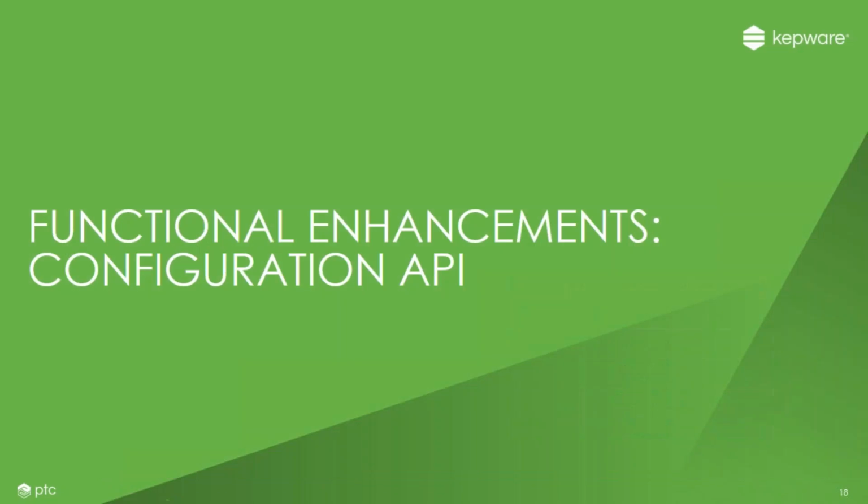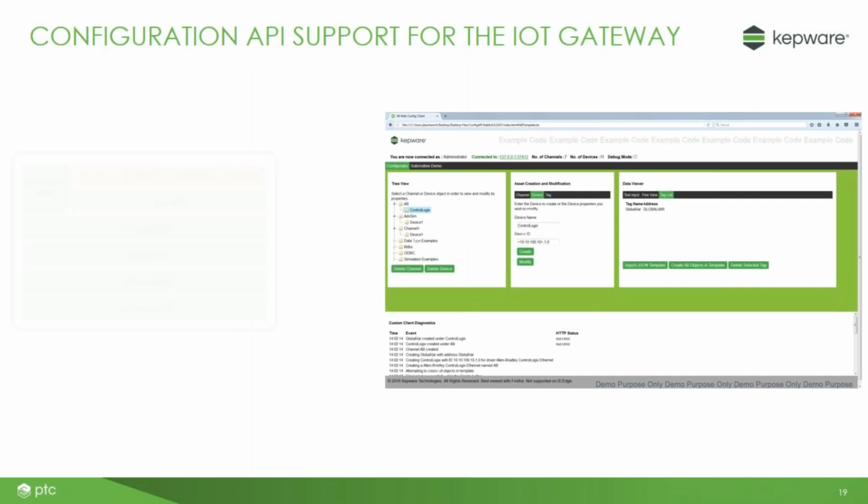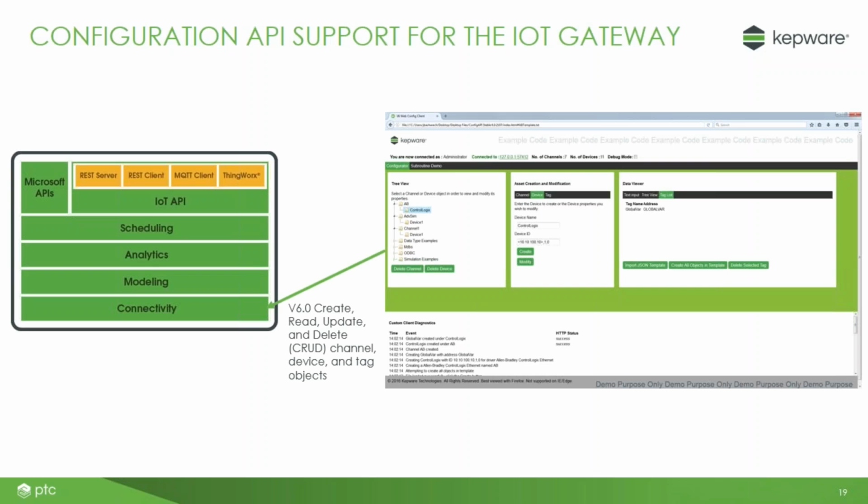So moving on to the Config API, which is a new feature that was introduced in KEPServerEX v6. In v6, we introduced this API, which is meant to do CRUD, create, read, update, and delete, of channel, device, and tag objects in the server.